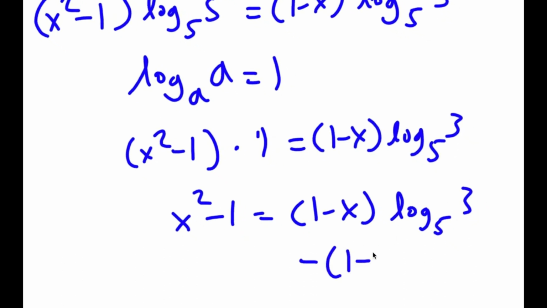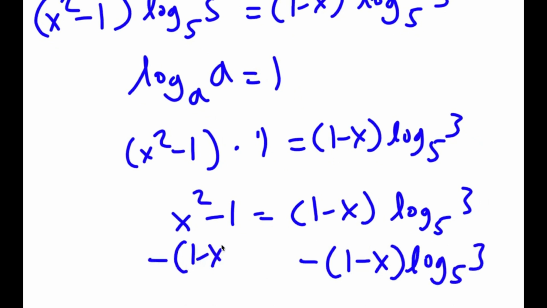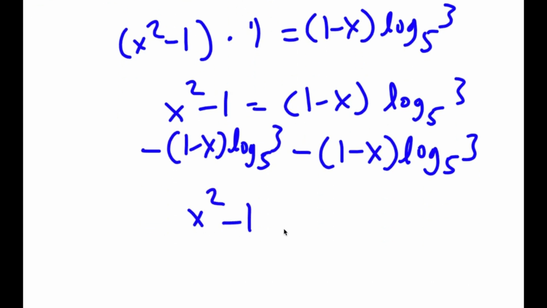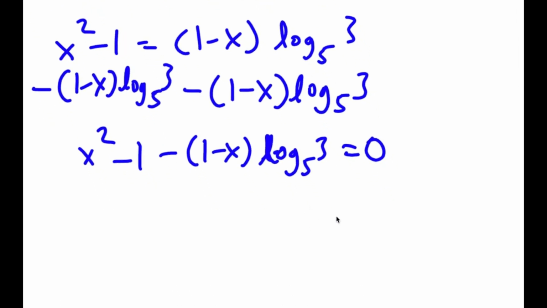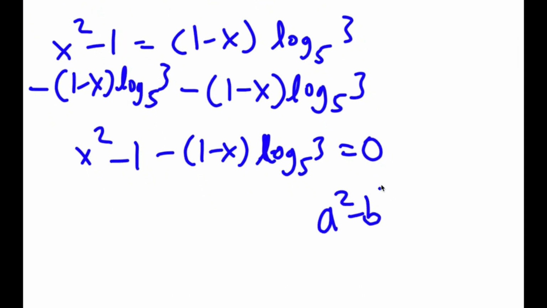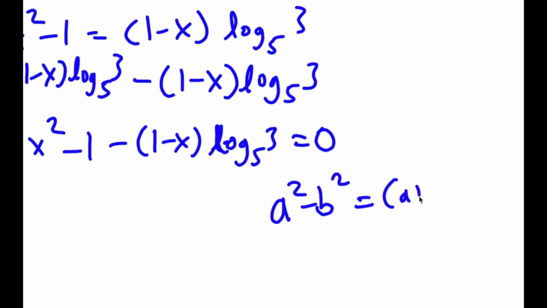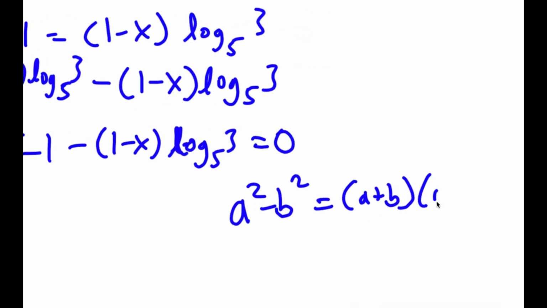Now if I subtract 1 minus x times log base 5 of 3 on both sides, I get x squared minus 1 minus 1 minus x times log base 5 of 3 is equal to 0. And now if I have something in the form a squared minus b squared, this is equal to a plus b times a minus b.